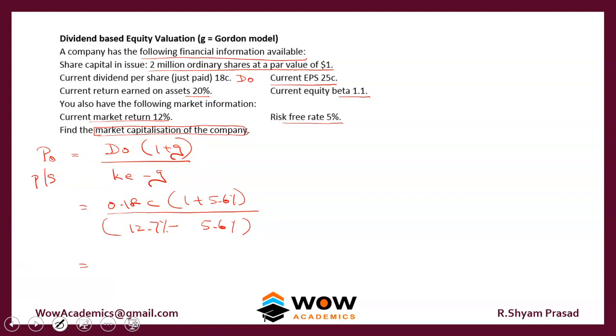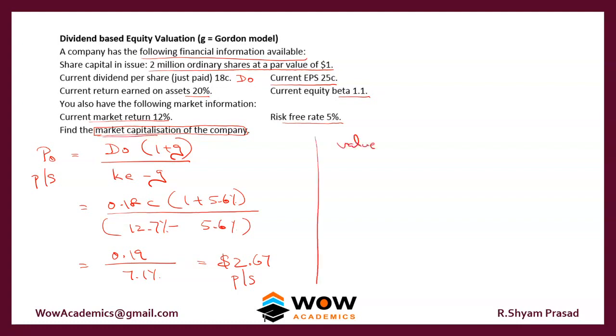So we'll solve this. The numerator will be 0.19 and our denominator will be 7.1%. So our answer comes to 2.67. But this is a per share value. We have to get the value of the entire company.